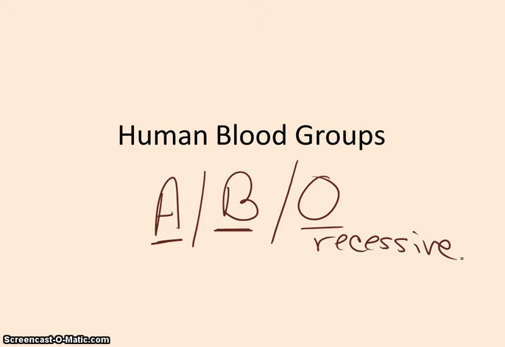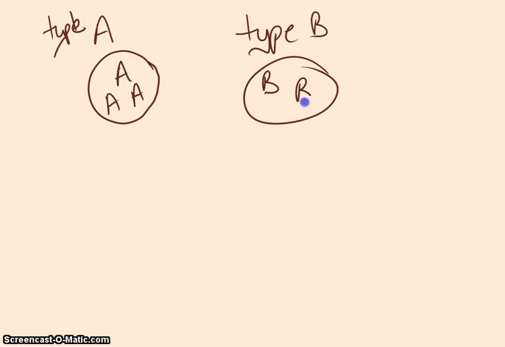But now instead of having two alleles, we have three alleles, and we have codominance in this system, so it makes it a little bit more complicated. When it says you have type A blood, it means that on your blood cells you've got A proteins, or proteins that are nicknamed A's. Type B blood has B proteins on those blood cells.